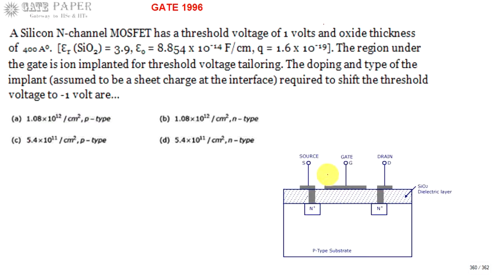Now the main operation of current conduction takes place only in the channel region. If you observe, this is the gate material and this is the semiconductor. Between these two there is a dielectric material, the silicon dioxide layer, the oxide.